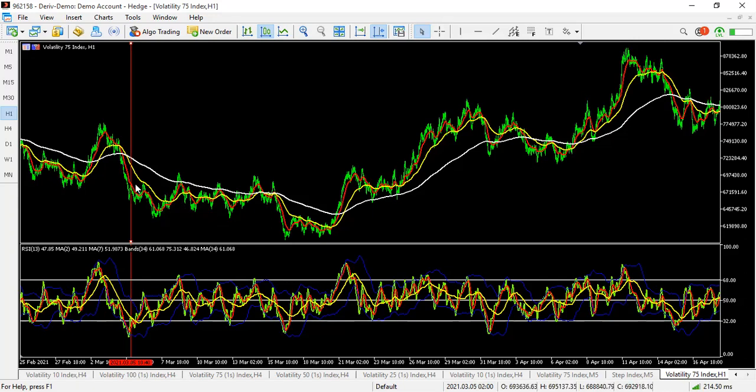Because if it's no longer in the downtrend, trust me, you're going to have a lot of hassle. So you come to the higher time frame and confirm that you are still in the downtrend.